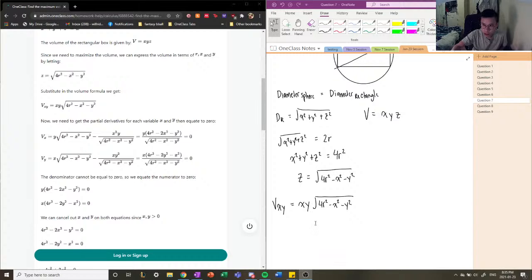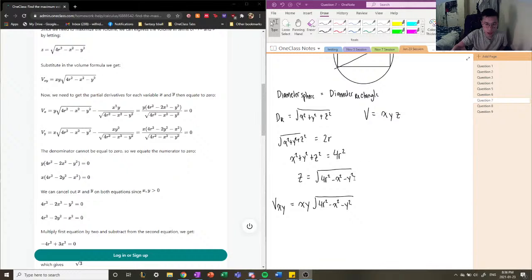And by equating them to a system of equations, we're able to find the values of x and y that satisfy both equations. If we are able to do that, then we're able to find the dimensions x and y that maximize the volume of the rectangular box.